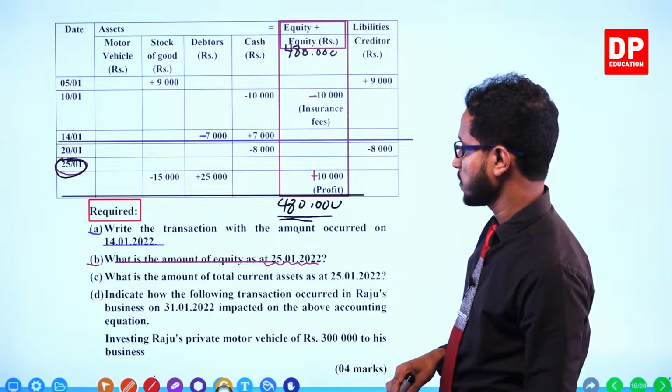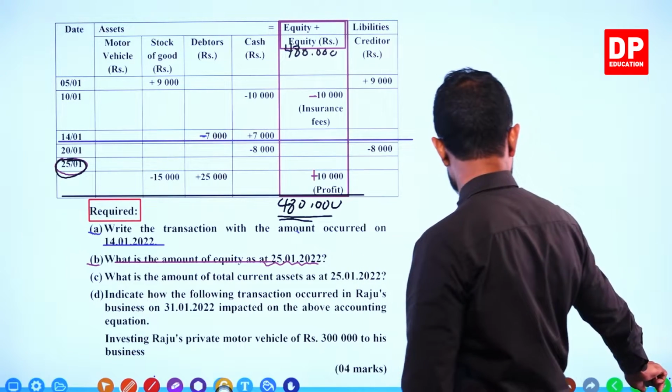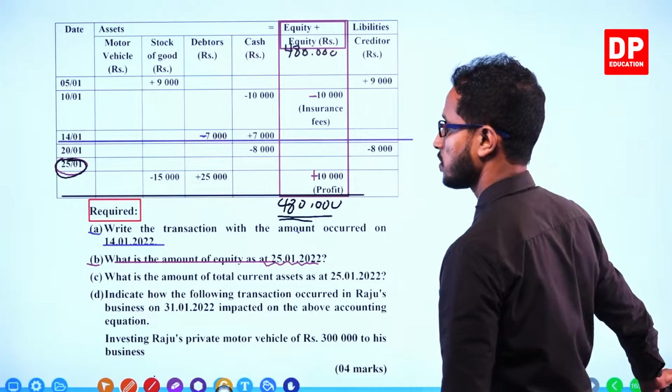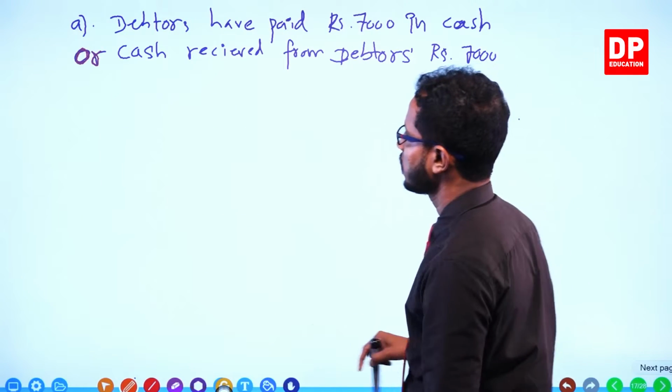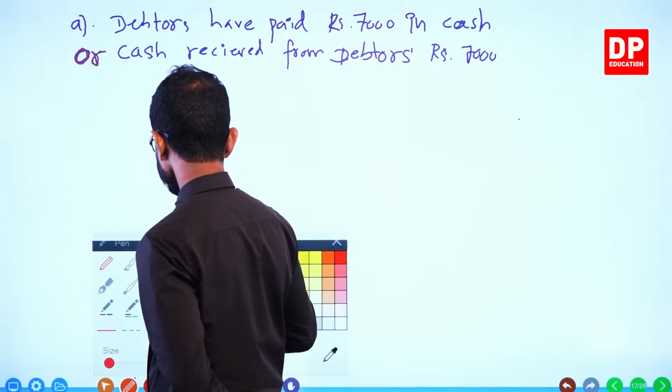Okay, so that is the answer to question number B. What is the amount of equity? Let's write the answer.